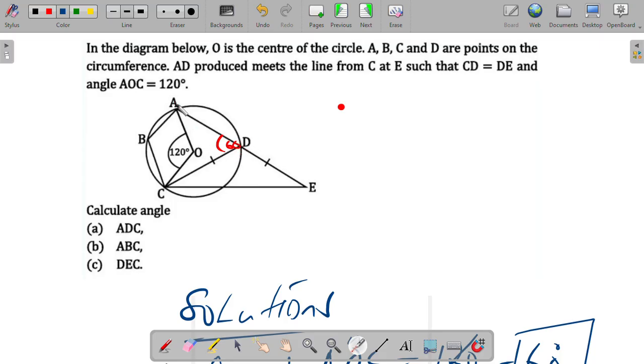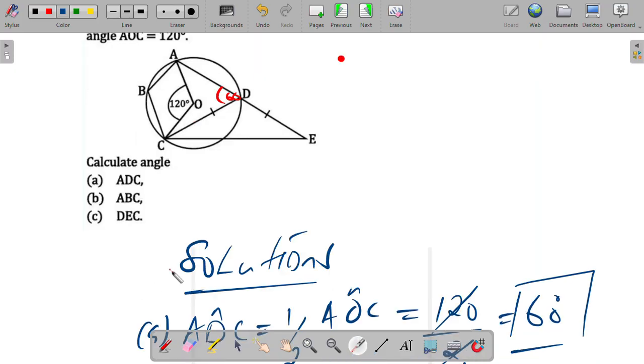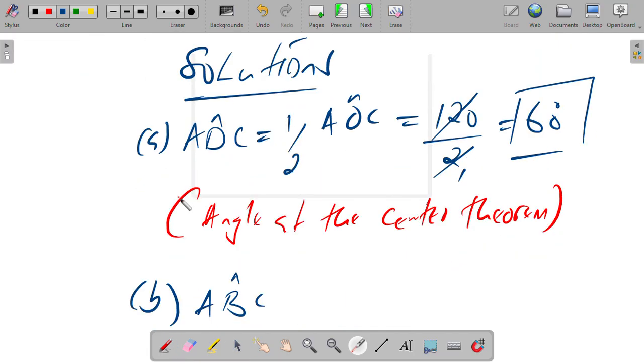Opposite angles in a cyclic quadrilateral are supplementary. They add up to 180. So what do we mean by they add up to 180?